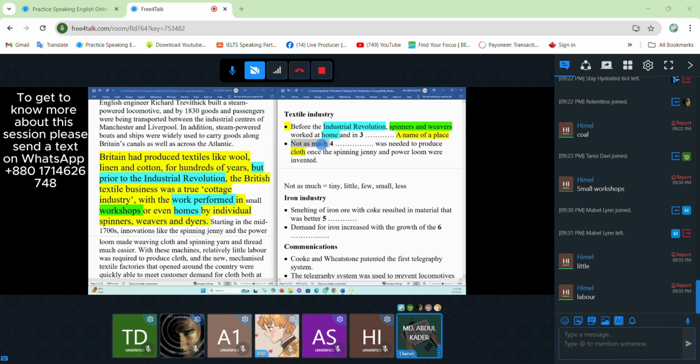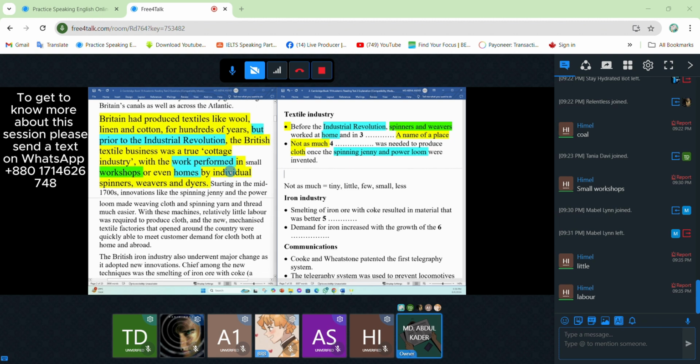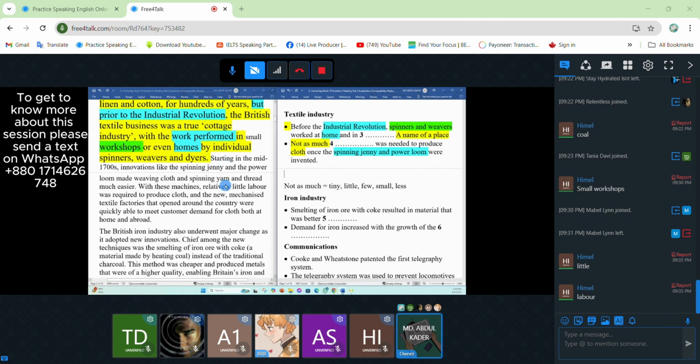Another keyword: not as much was needed to produce clothes once the spinning jenny and power loom. So spinning jenny and power loom is another keyword. Let's find these two words from this line.